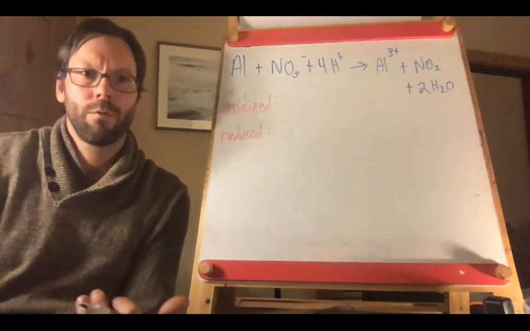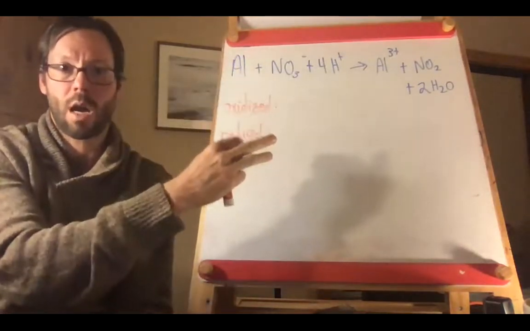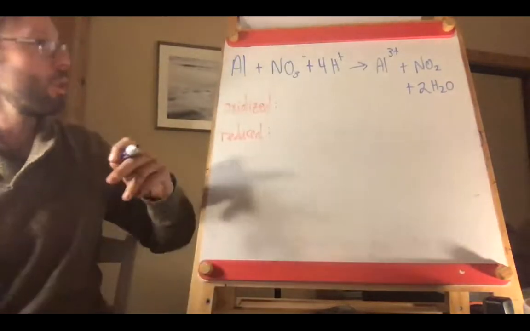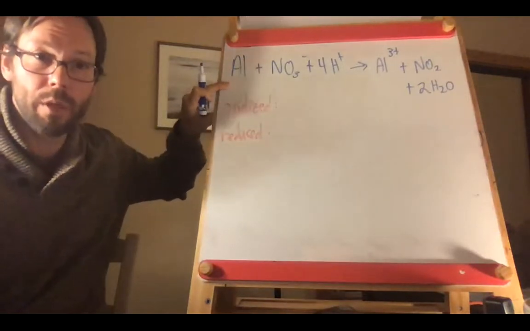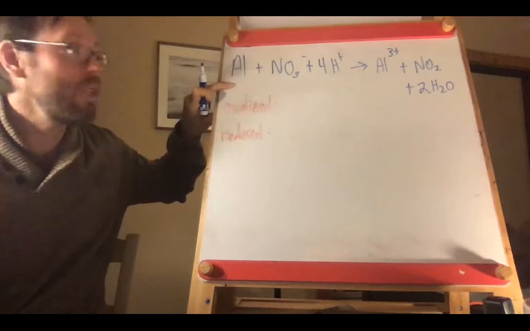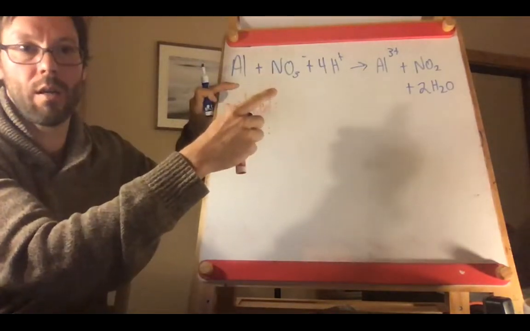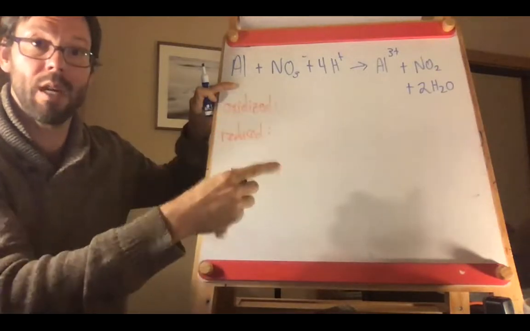Okay, so first step, we have to determine which species are oxidized and which are reduced. Let's start with aluminum. Aluminum, in this case, is in its elemental form, so it's 0. It's going from 0 to 3+, so it's losing electrons, so it's going to be oxidized.